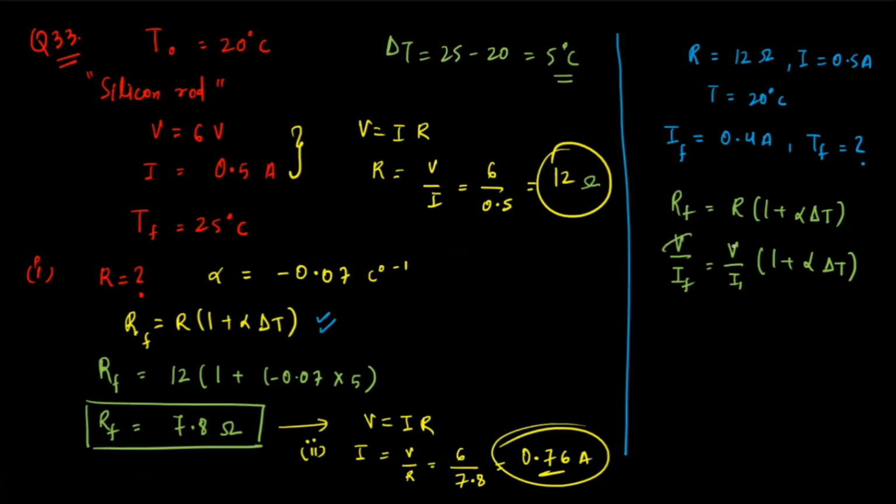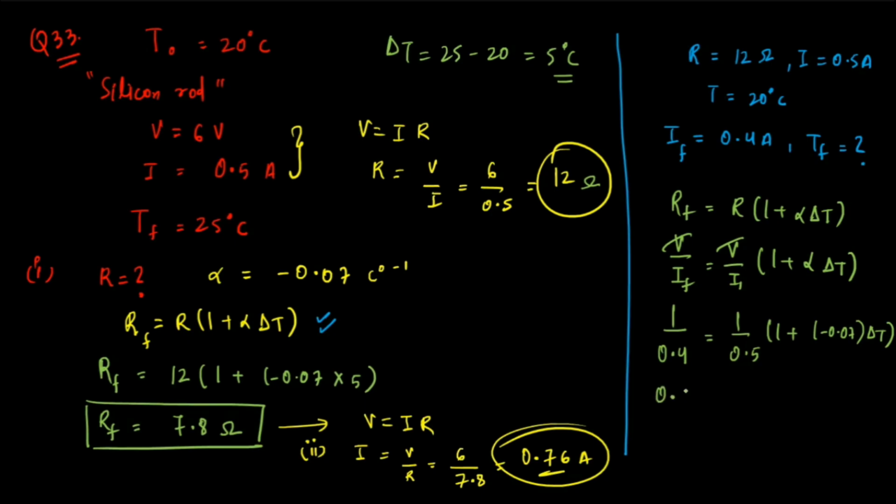So V will cancel out V. What is the final value of current? It is expecting us to have 0.4 amperes. What is the initial value of current? We had 0.5 amperes. 1 plus alpha, where alpha is the negative of 0.07, multiplied by delta T, and this is what we have to solve here. So if we solve the equation, we'll get the value of delta T. Let's try to solve this equation.